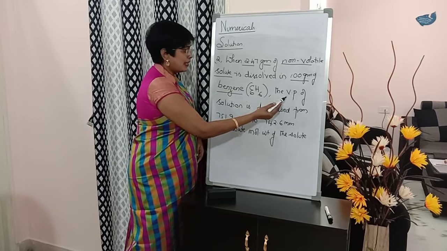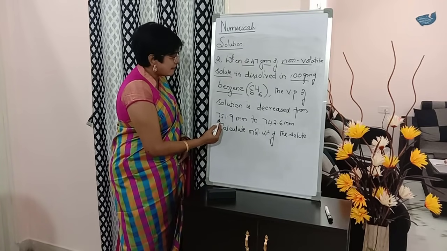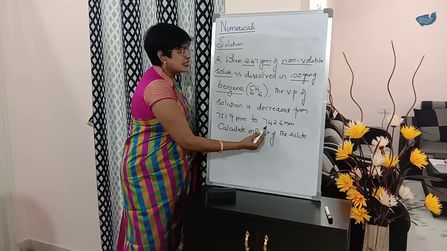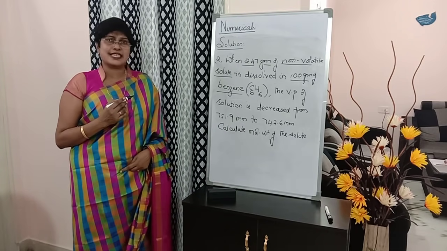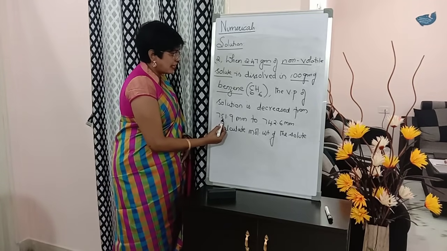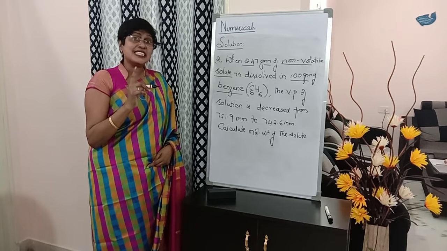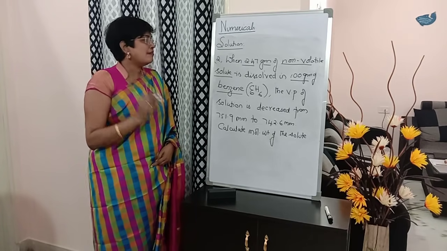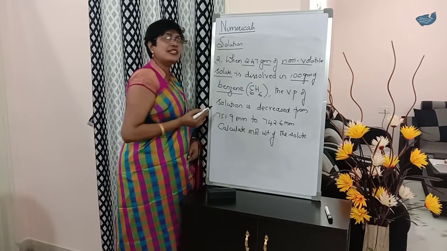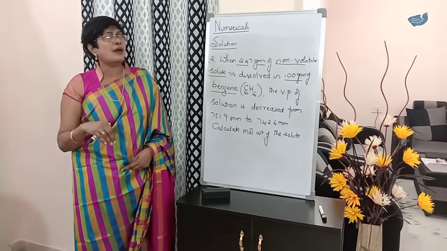Look here, the vapor pressure of solution decreased from 751.9 to 742.6. Now look here, students. 751.9 mm is the vapor pressure of the solvent benzene. When we are adding this 2.47 grams of solute, the solution's vapor pressure is automatically decreased.